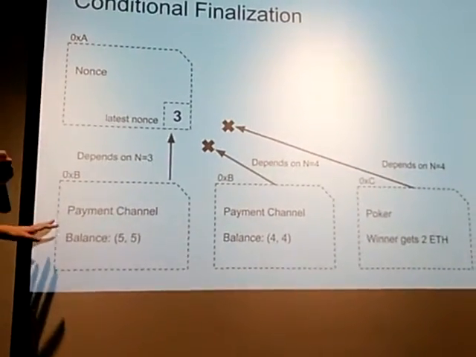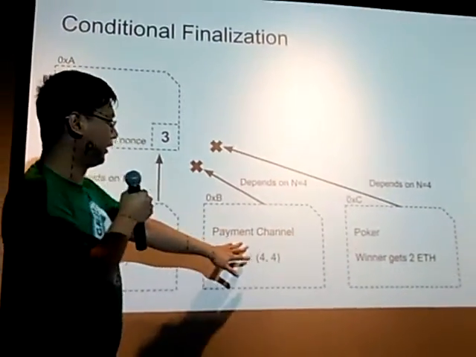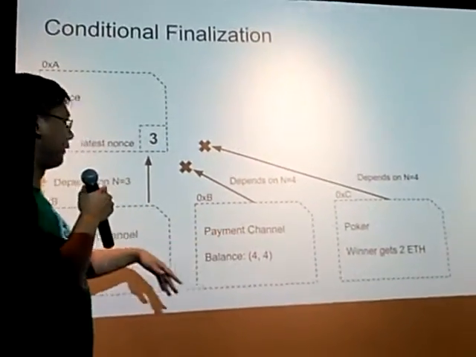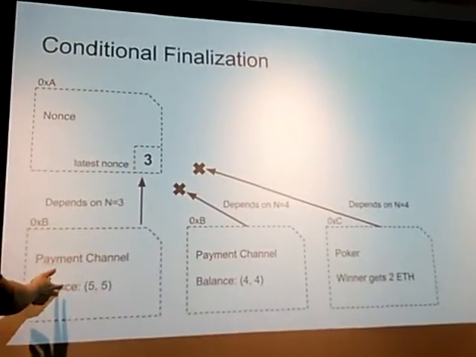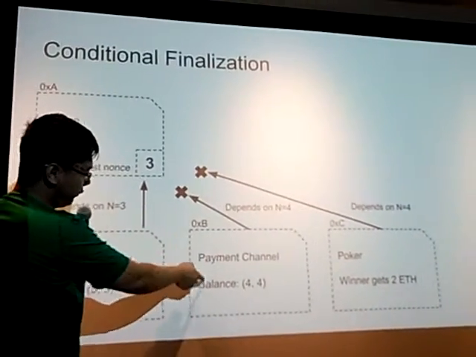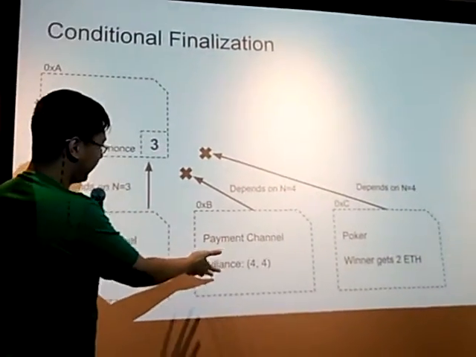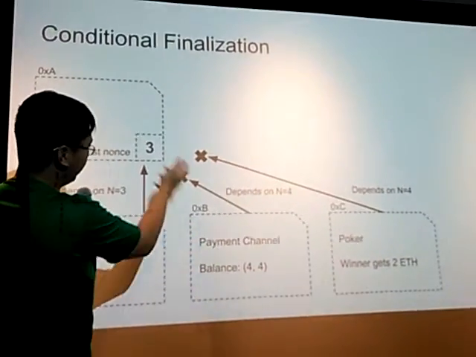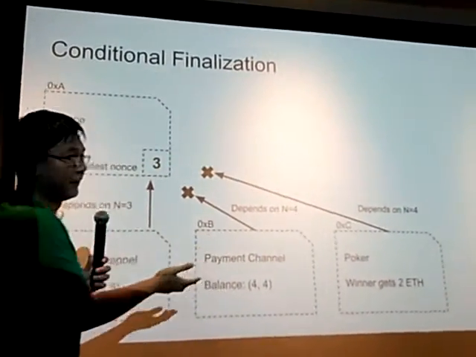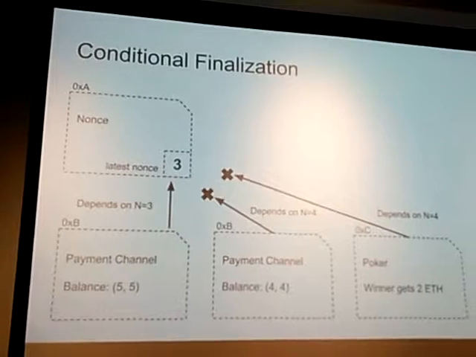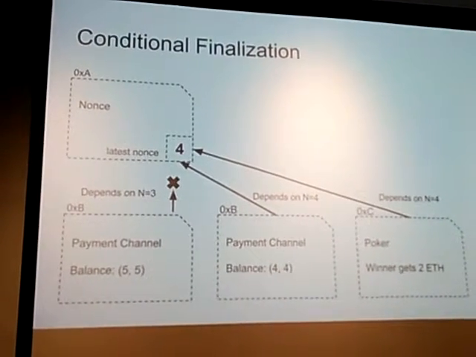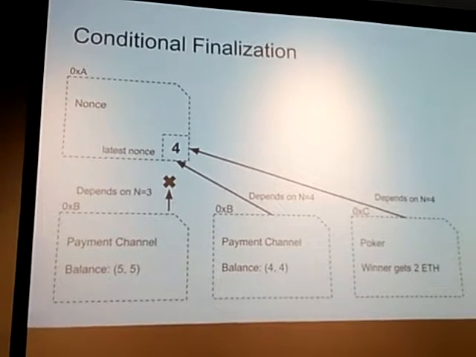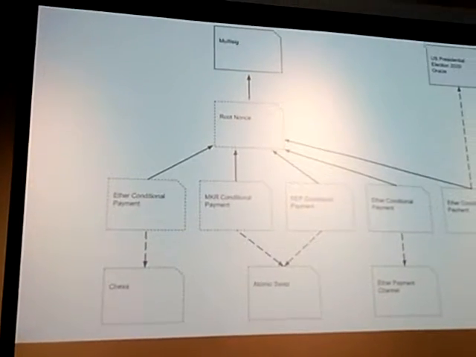So we set this dependency structure, so these two things are kind of not real now, right? Because if we deploy the entire thing on-chain, when we try to make use of this, this object looks at the nonce and says that this number is not high enough, so it refuses to exist. And then we change it to 4, and then we atomically transition into this new state.